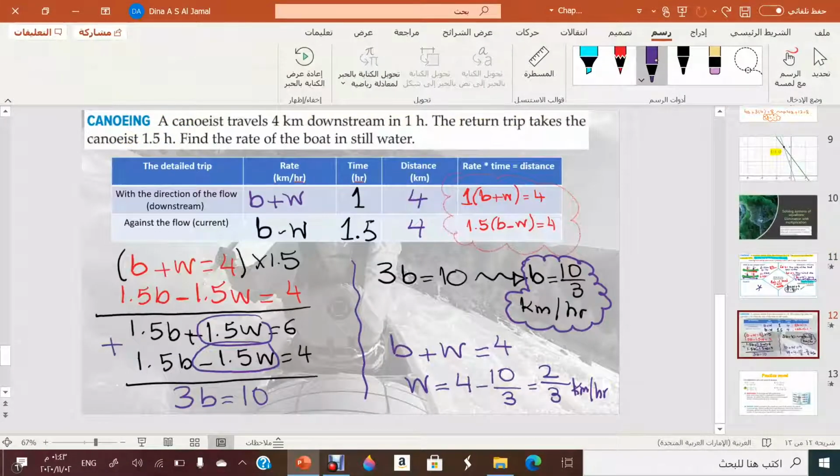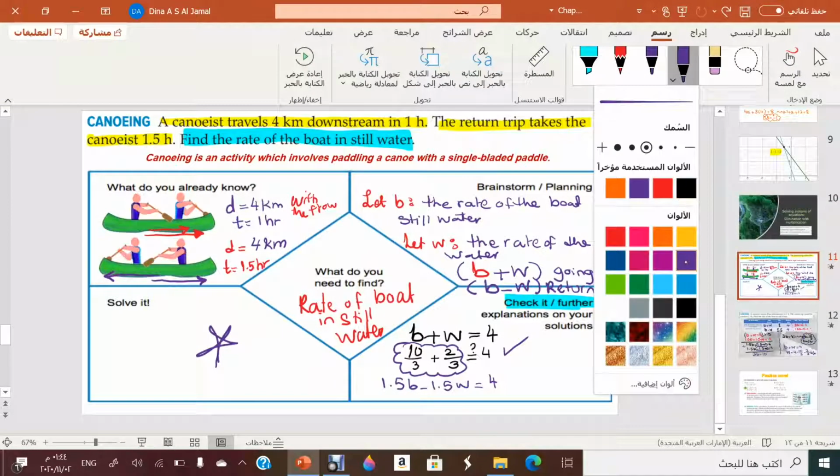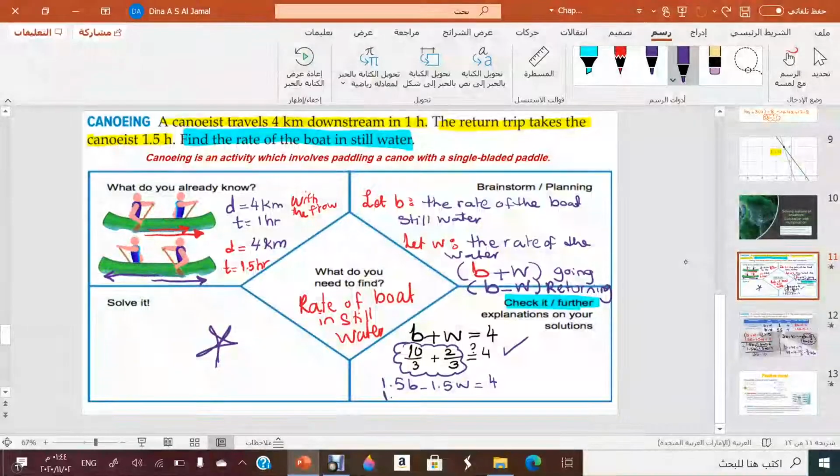This one, 1.5B minus 1.5W equals 4. Now, I would like to substitute and check. So 1.5 times 10 over 3 minus 1.5 times 2 over 3.